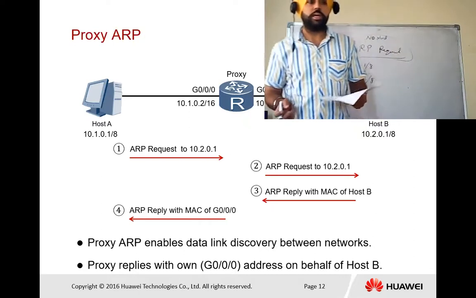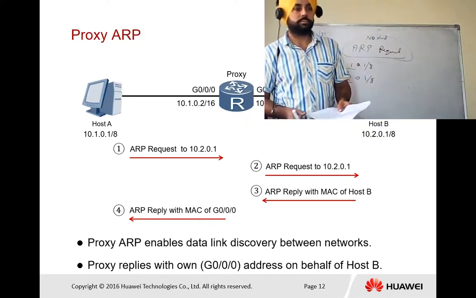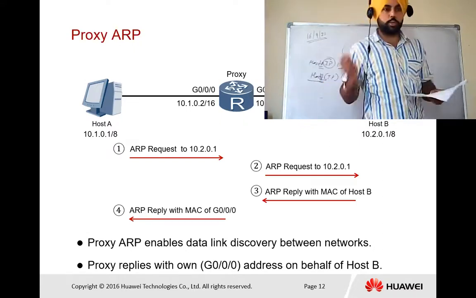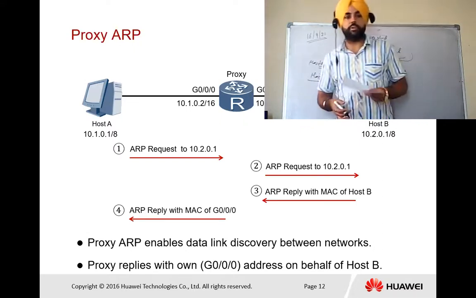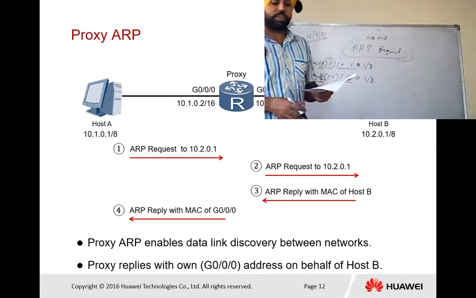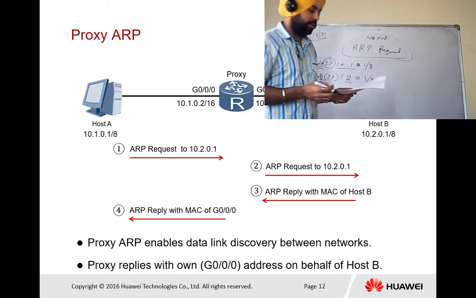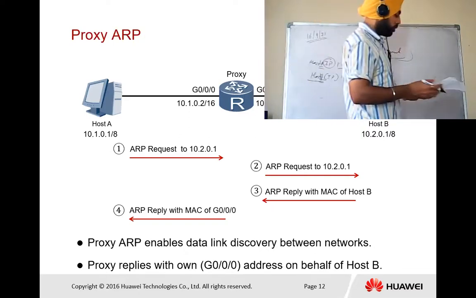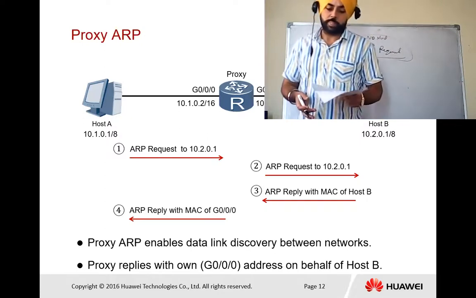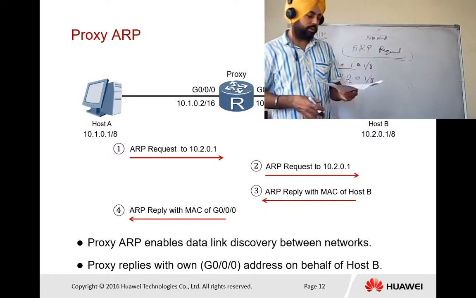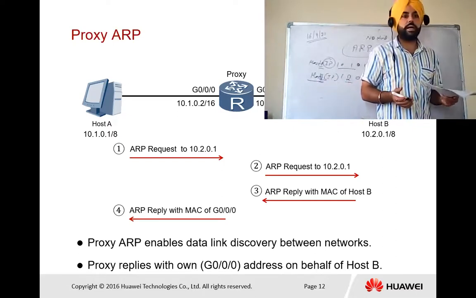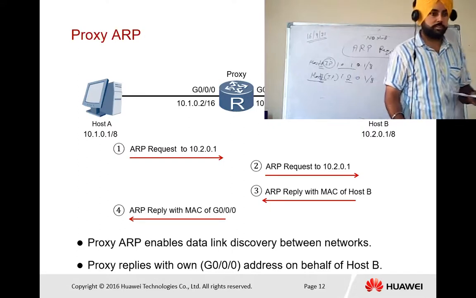In the diagram, host A sends a request to the router, but it will not discard it. It sends a request to the proxy and to host B. Then host B sends its MAC address to the router, but the router cannot send host B's MAC address. It will send its own MAC address, as shown in the picture.